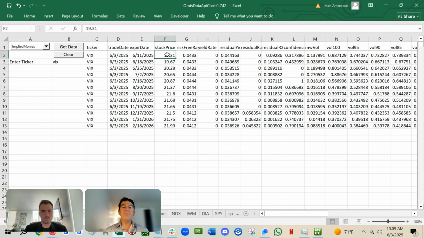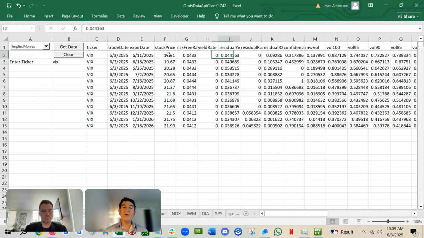So that's the first thing that you'll notice. For all stocks and ETFs, the stock price will just be the stock price. But obviously for SPX, XSP and others, it doesn't have a stock price, so we calculate an implied futures that we then calculate all of the Greeks upon.